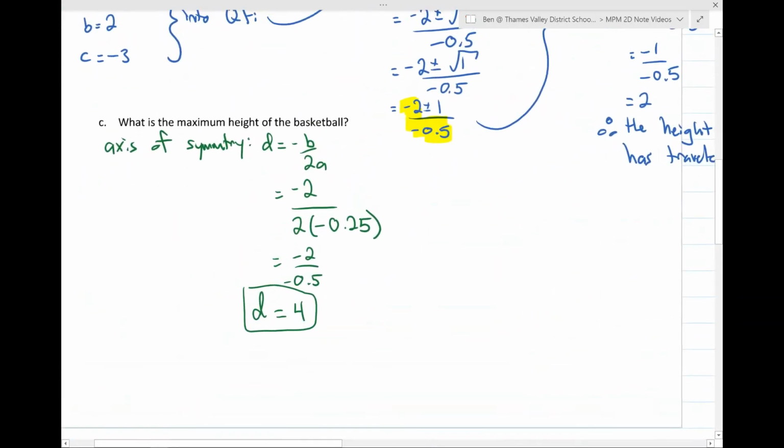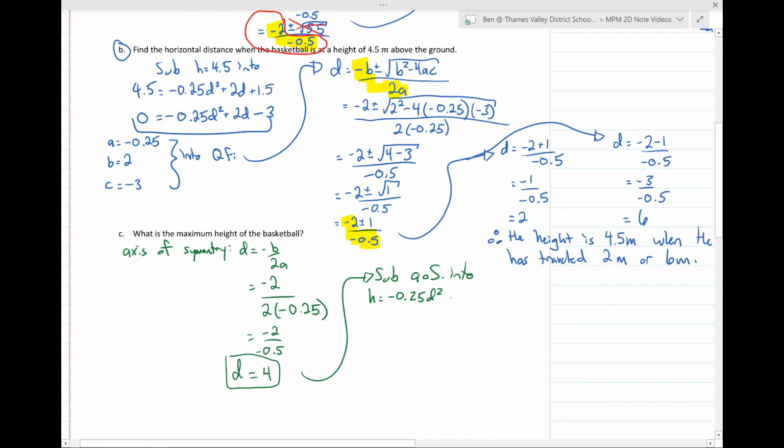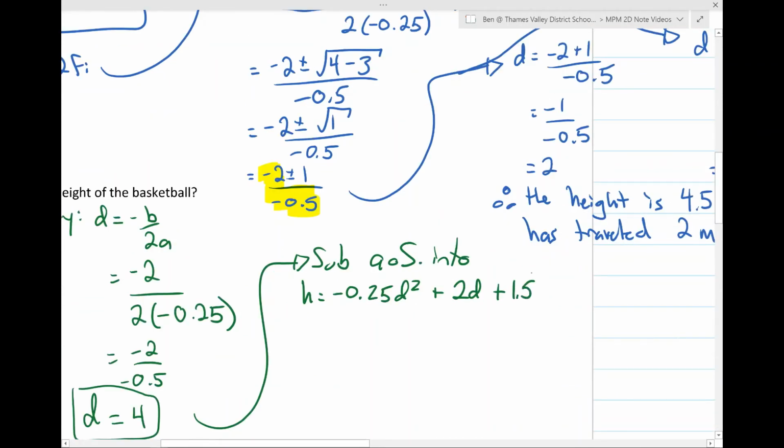So we can find that y-coordinate by substituting our axis of symmetry into our equation. So our equation, h equals negative 0.25 d squared plus 2d plus 1.5. That equals negative 0.25 times 4 squared plus 2 times 4 plus 1.5. Nice and easy.